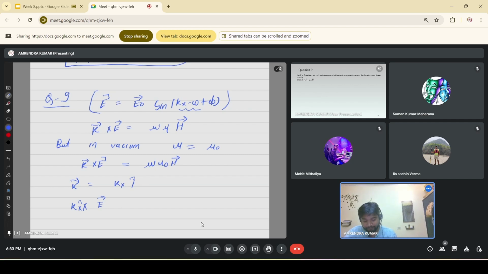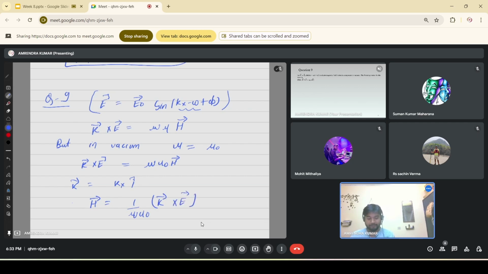Now we have this H, so we can write this as 1 over omega mu naught, k cross E.